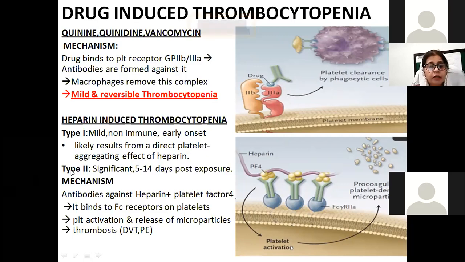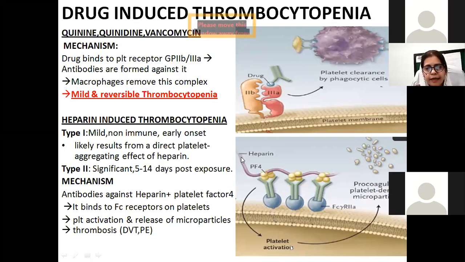Type 2 is the significant condition which is associated with cross morbidity and a high risk of thrombosis. It usually develops within 5 days to 2 weeks of starting heparin therapy. The mechanism is the formation of antibodies which are directed against the heparin and platelet factor 4 complex.